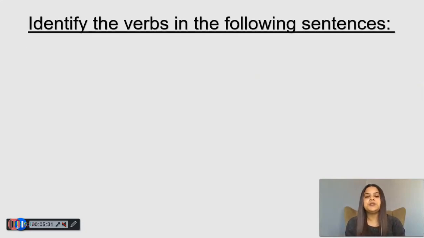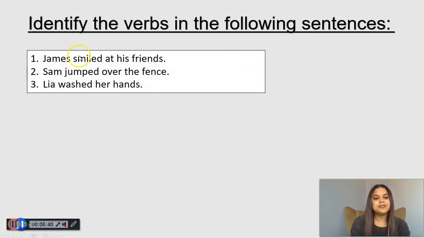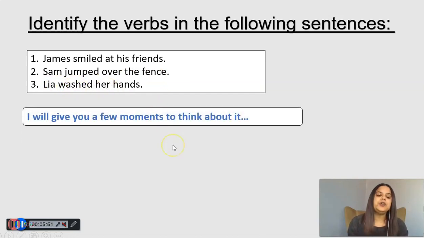Since we did one together, I'm going to give you an opportunity to identify the verbs in the following sentences. James smiled at his friends. Sam jumped over the fence. Leah washed her hands. I will give you a few moments to think about it and for you to actually do this on your own. You can underline the verb, you can circle the verb, you can take the verb out of the sentence.